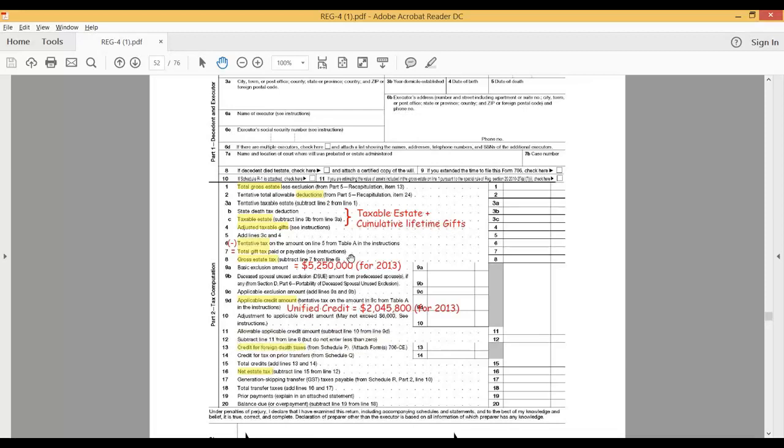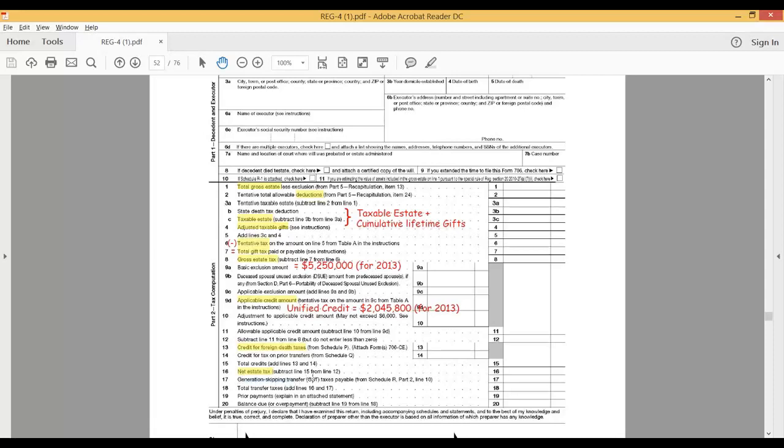Again, these are 2013 numbers, but we're looking at the current numbers, which is 2.141, what we saw. And then you also get credit for any foreign death taxes that you may have paid. This is possible when, say, the person was taxed in a foreign country as well, maybe with dual citizenship. Then he can take credit for the taxes already paid to arrive at your net estate tax.